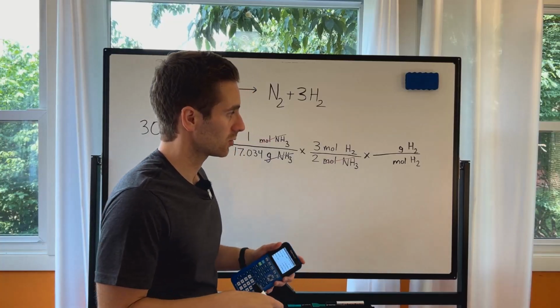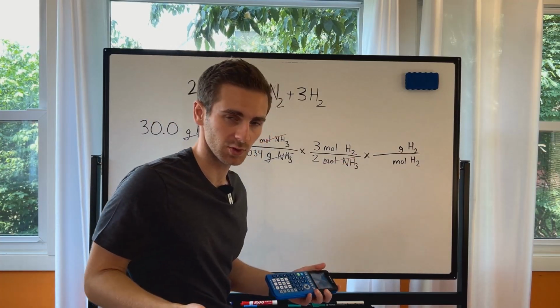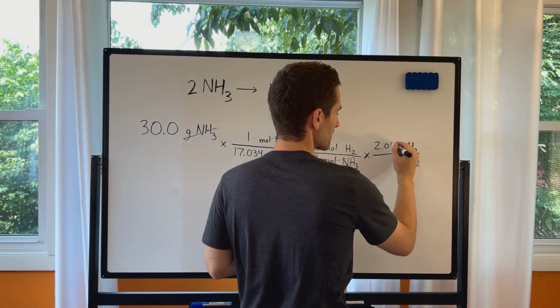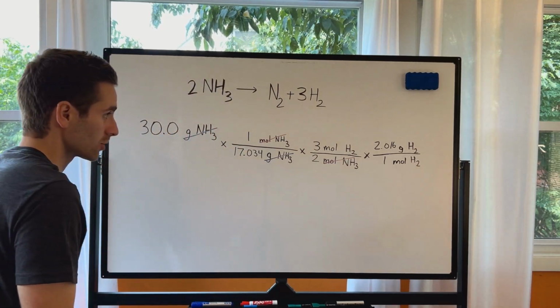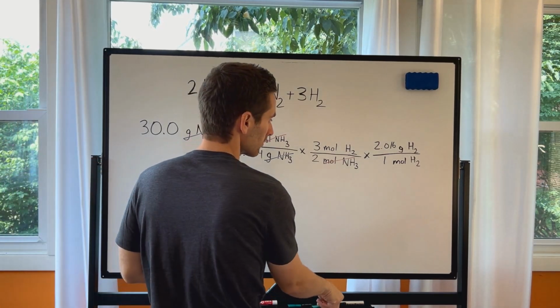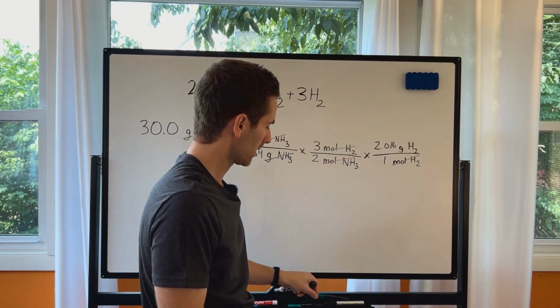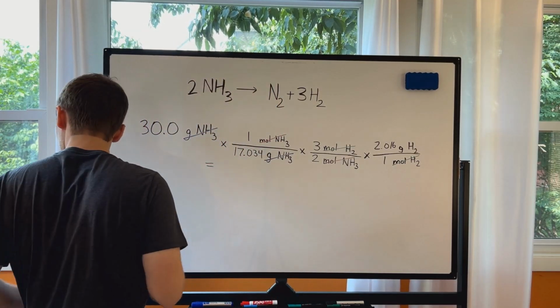Molar mass of H2 is 2.016. That's going to go with the grams. Molar mass tells you how many grams are in 1 mole, so 2.016 grams are in 1 mole of H2. Moles of H2 cancel. And we can just go ahead and do our calculation.